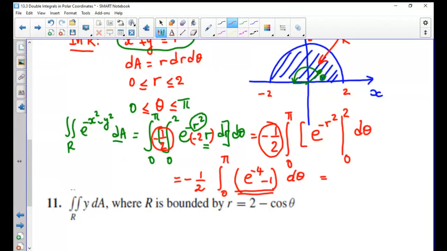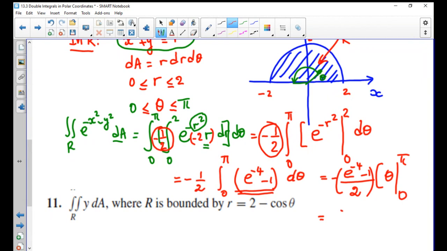This is a quantity you can take out, no problem. It's going to give us minus e to the minus 4 minus 1, over 2, and then the integral of d theta from 0 to pi.